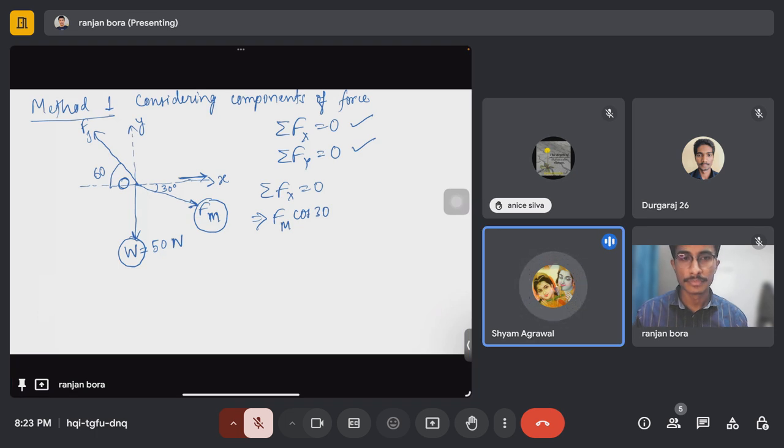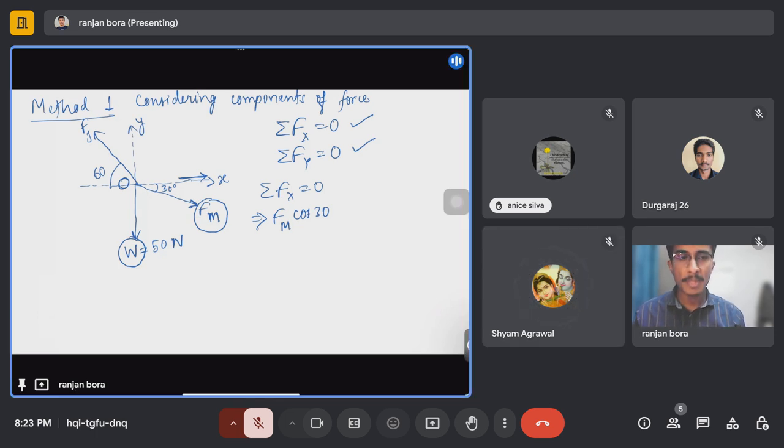Fw cos 90, but cos 90 is 0, so there will be no horizontal component of W. And because of Fj, we have Fj cos 60, but it is acting in the negative x direction, so we will take it as minus Fj cos 60, equal to 0.